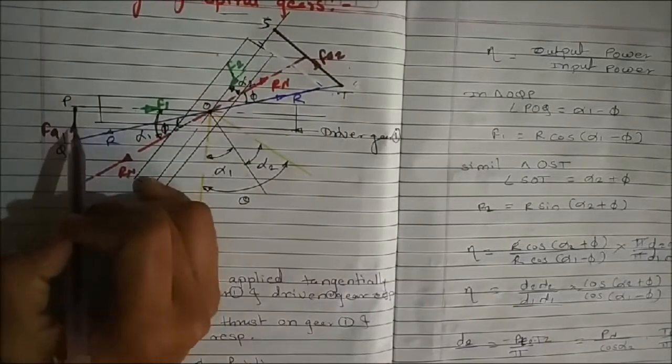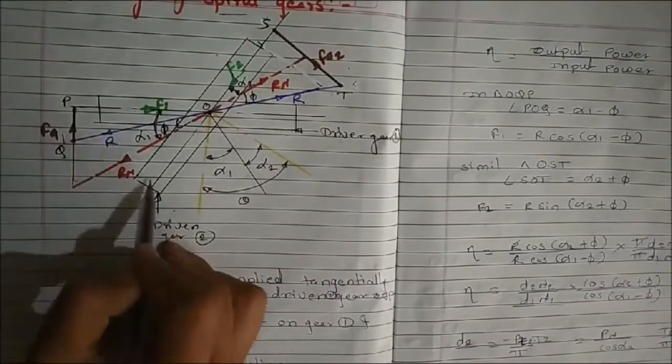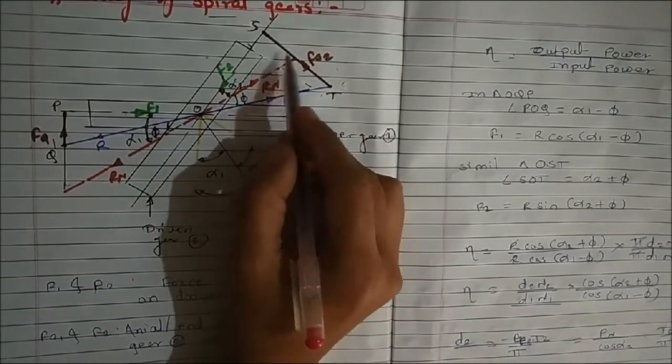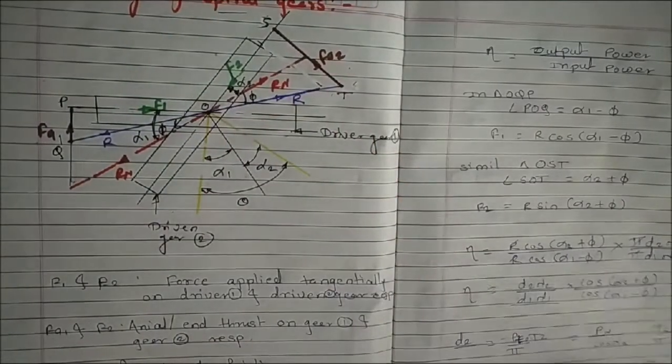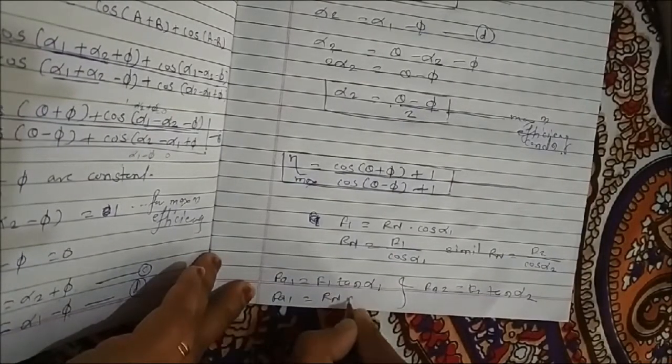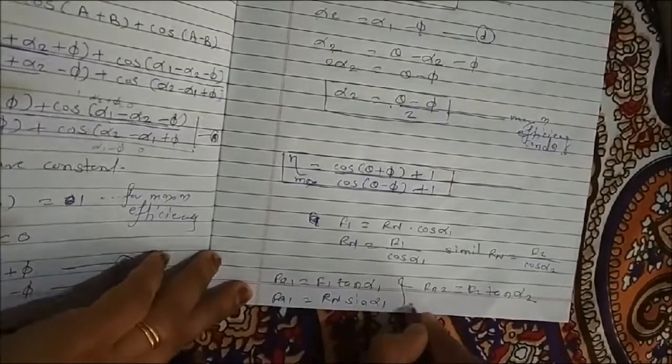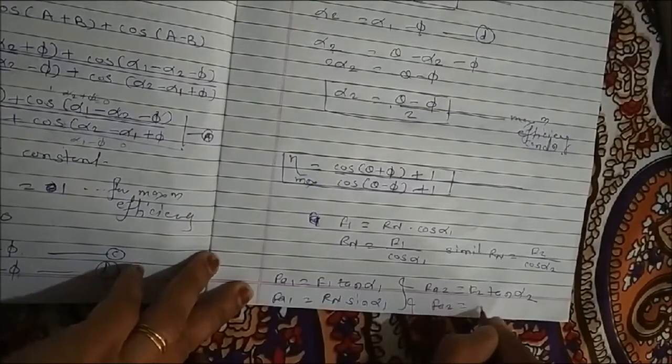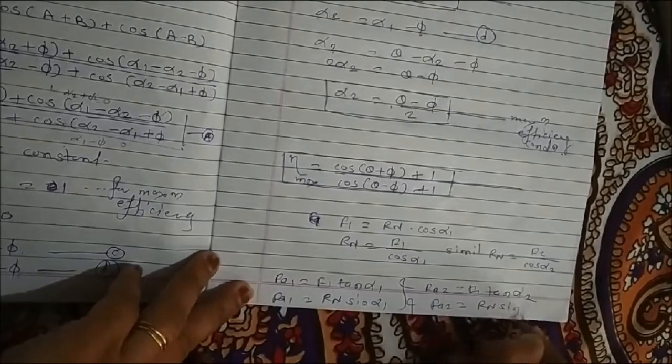Or in terms of Rn, Fa1 is the front edge, similarly Fa2 is the front edge. So in terms of Rn, Fa1 is equal to Rn sine of alpha 1 and Fa2 is equal to Rn sine of alpha 2.